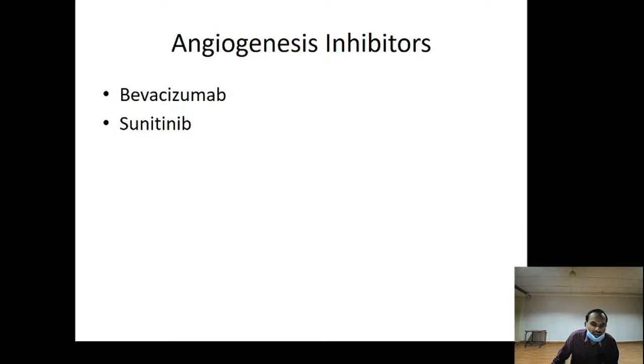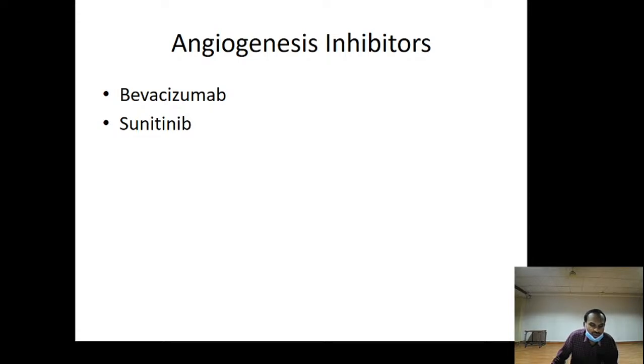Bevacizumab is a direct inhibitor of vascular endothelial growth factor. Vascular endothelial growth factor is produced in large amounts by malignant cells. Why do malignant cells produce this compound in large amounts? Because they want more and more angiogenesis to happen, more and more blood vessel network to be formed, so that more nutrients are available to the malignant cells and they can proliferate even more.